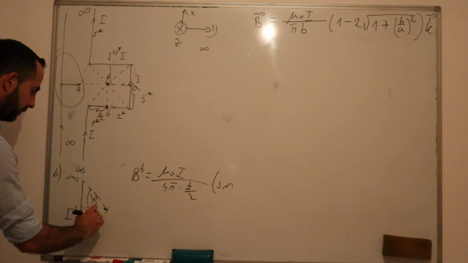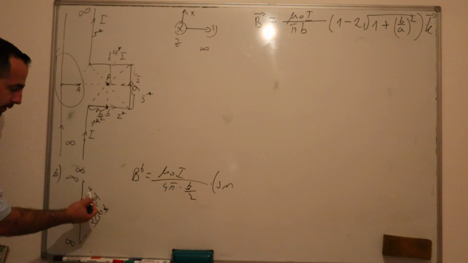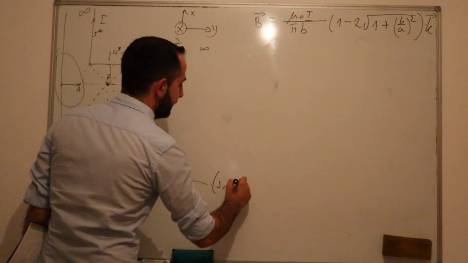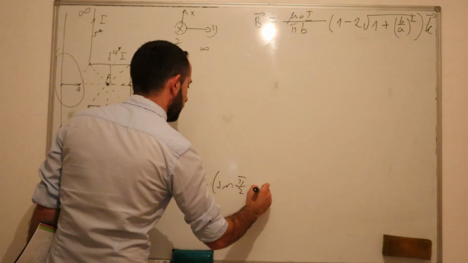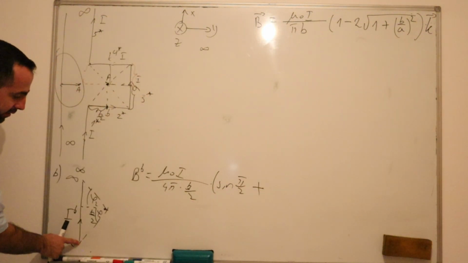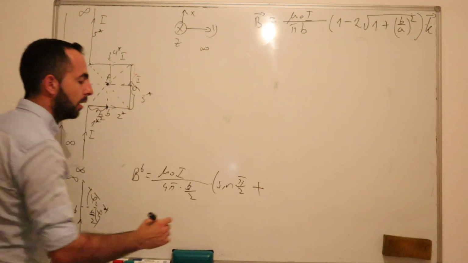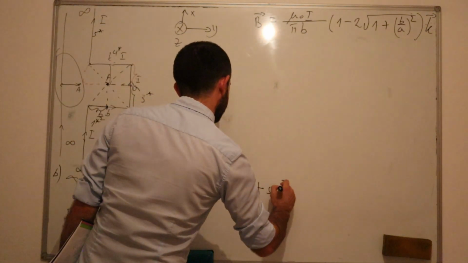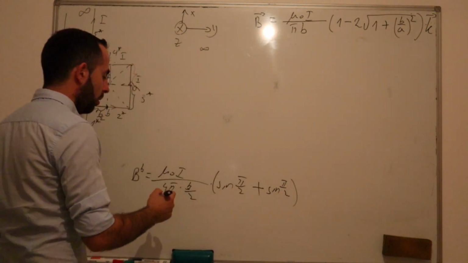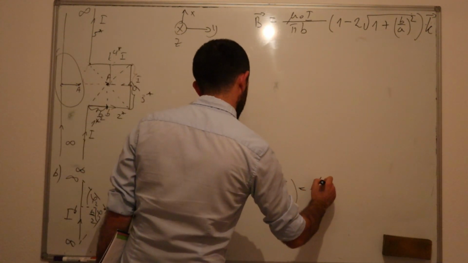This is phi 2, this is phi 1. These angles are 19 degrees. Phi 1 will be negative, phi 2 will be positive. So it is like this.